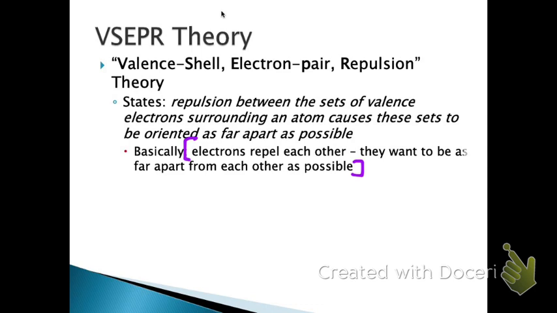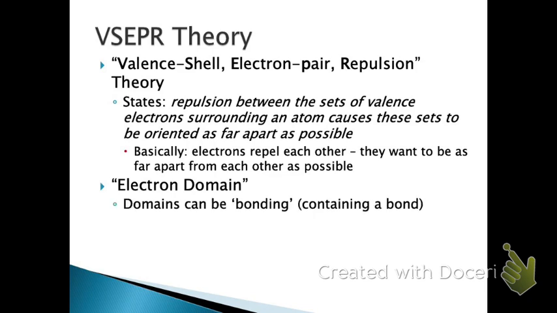All right, we mentioned what an electron domain is. It's how many things are surrounding the central atom. But we need to remember that there are two types of electron domains. Domains can be considered a bonding domain, and all that means is that the domain contains one or two or three bonds.